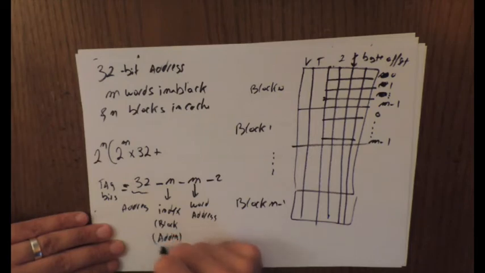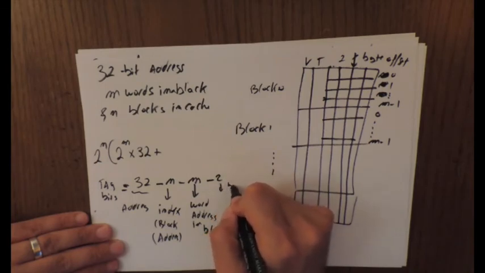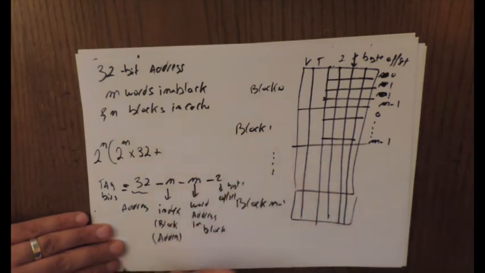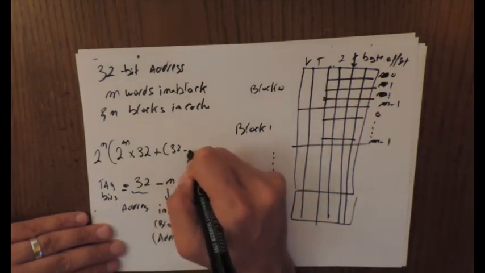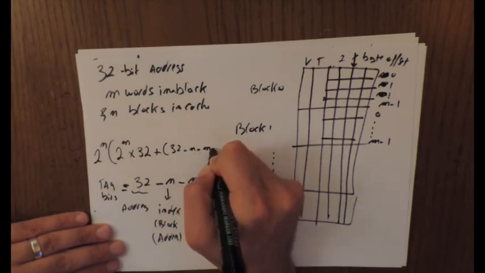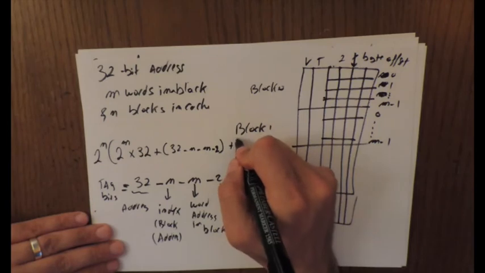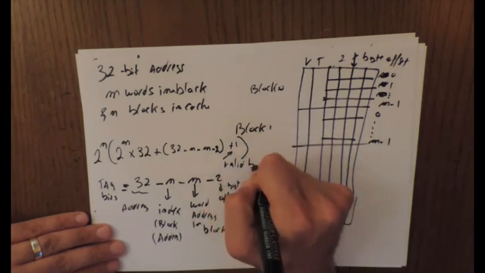This is the word address in the block, and this is the byte offset. So the tag bits will be 32 minus n minus m minus 2, plus 1, which is the valid bit.